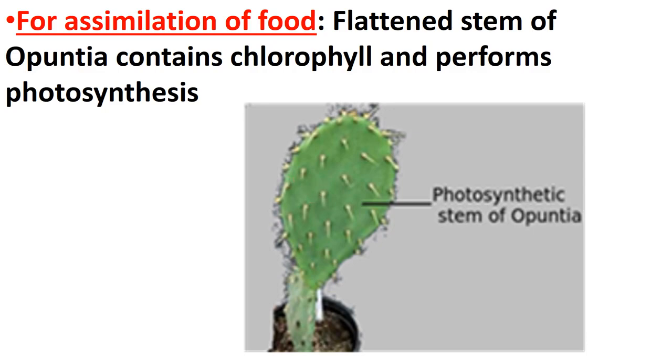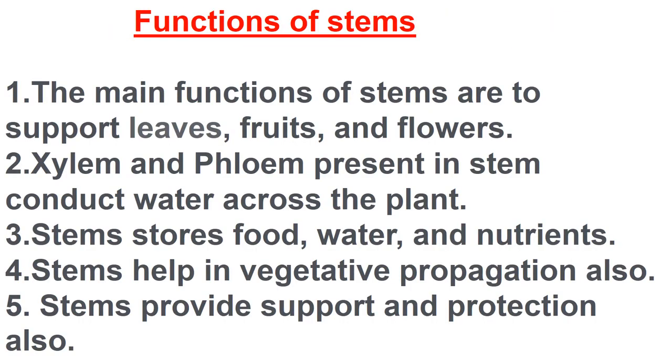So these are different stem modifications. Now the next topic is functions of stem. First, the main function of stems is to support leaves, fruits and flowers, right? Second, xylem and phloem present in the stem conduct water across the plant.